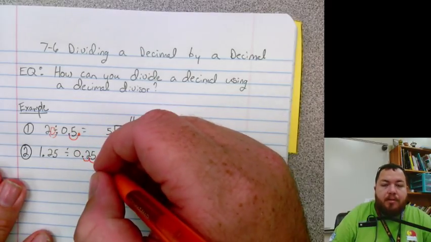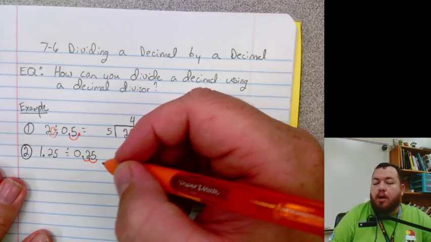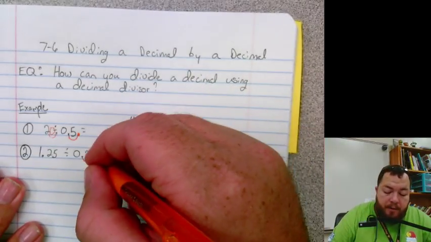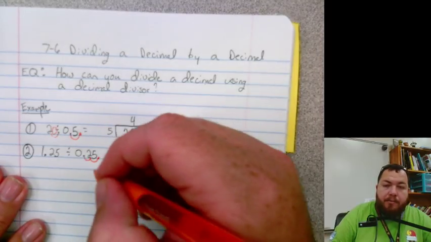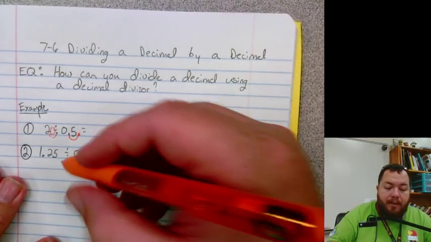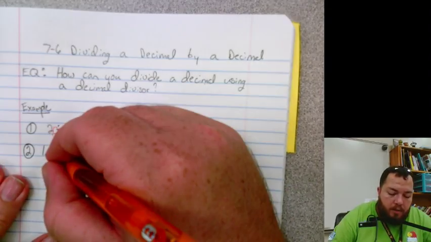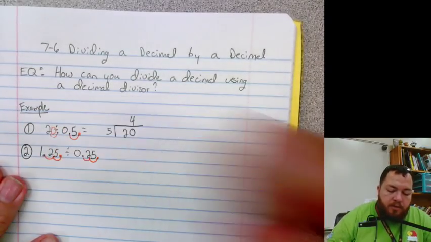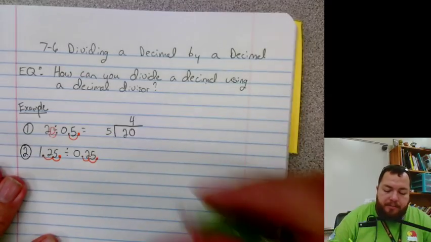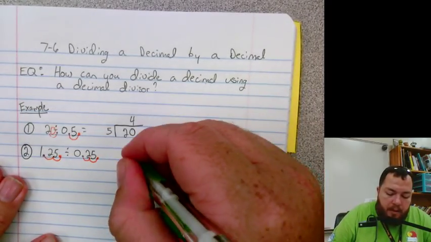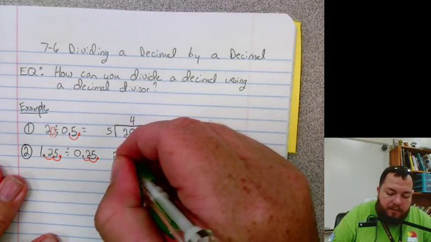And that would be similar to multiplying that by 100, or 10 to the second power. And then whatever I do to my divisor, I have to do to my dividend. So I'm going to do the same thing like if I multiply this by 100. 1, 2. So now my new number is going to be 125 divided by 25. Okay?